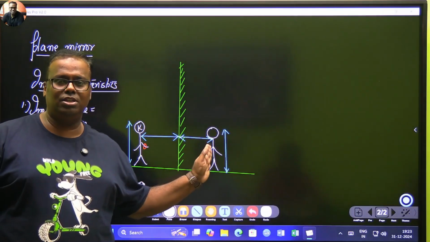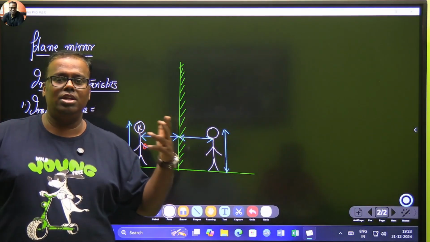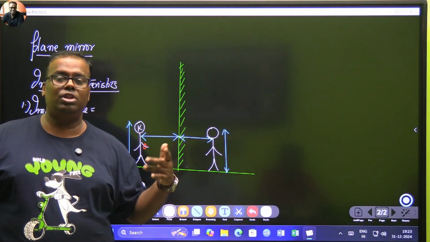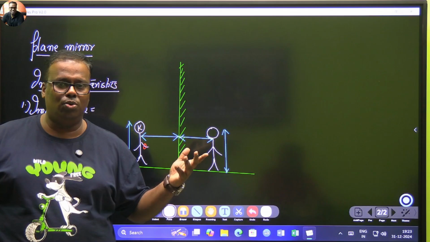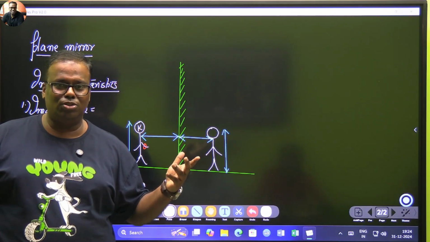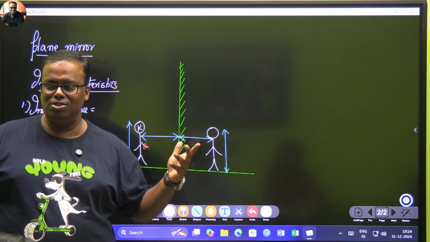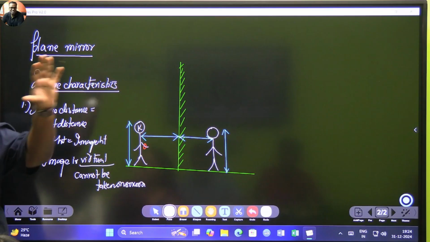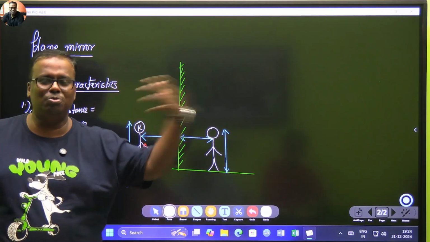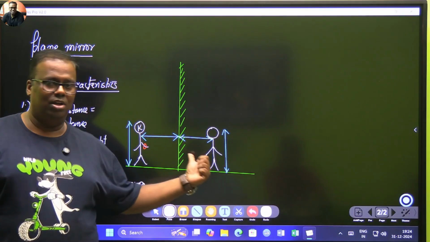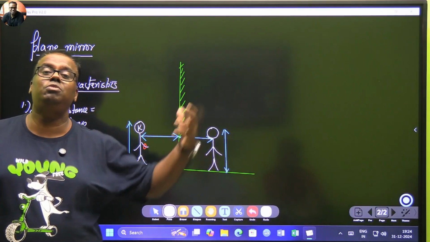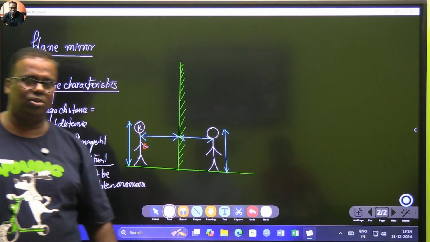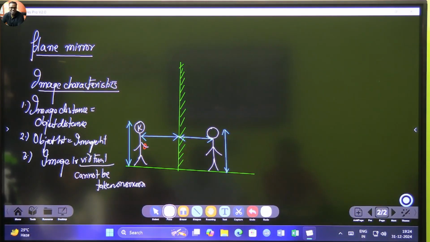This cannot be projected on any screen. In plays and literature, when your conscience starts to talk to you in movies, what do they show? The conscience always appears in front of the mirror, because that is something unreal. You can't touch it. That's what they are trying to portray. So this is virtual. This image cannot be projected on a screen. But we'll discuss more about virtual images in the next section.